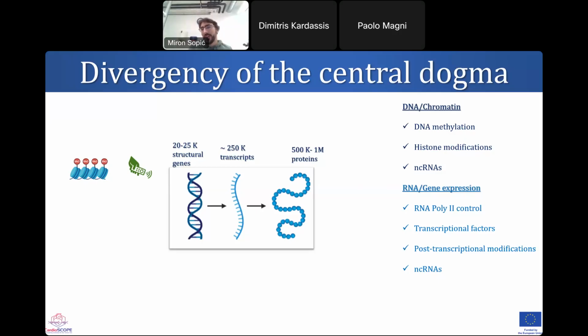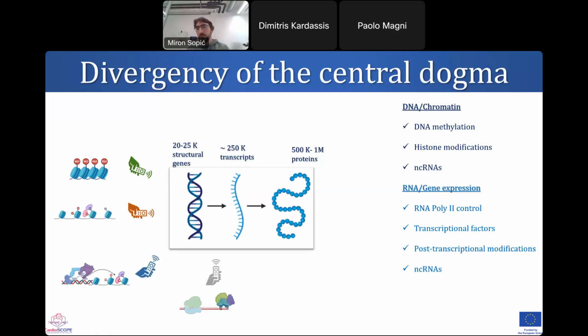Sometimes it's 500K, sometimes it's 1 million. So it is really evident that there are many mechanisms that complicate the story from gene to protein. When I say complicate, I mean they regulate on many different instances this roadmap from the gene to the protein.